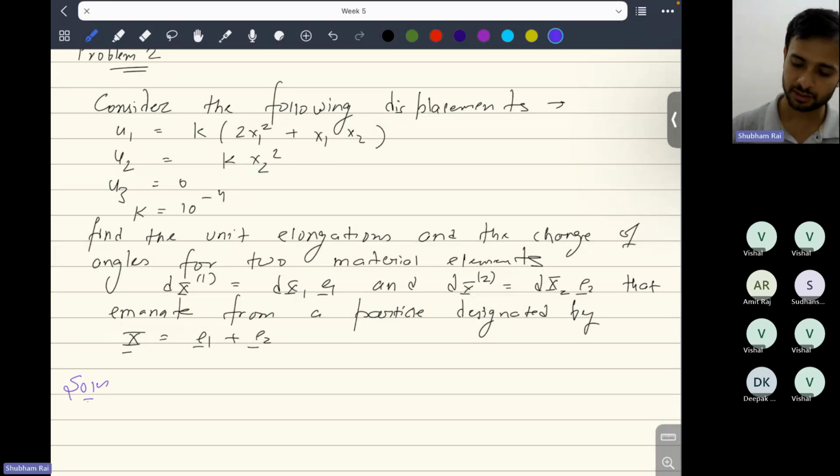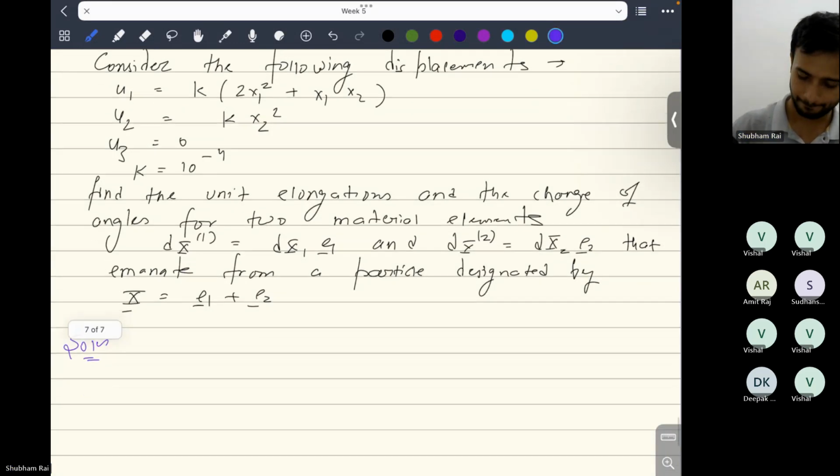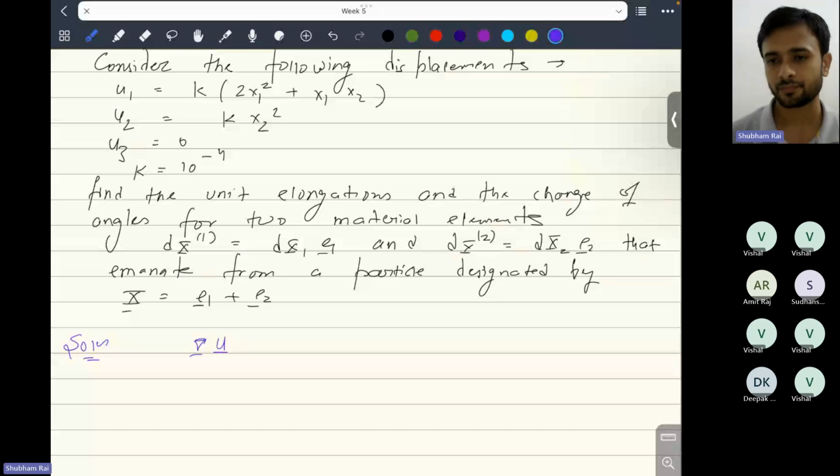So to find elongation and change of angle means you need to find longitudinal strain and shear strain. To find that, you need to find, let's say, the gradient of the displacement vector, because it will be used in finding both longitudinal strain and shear strain.